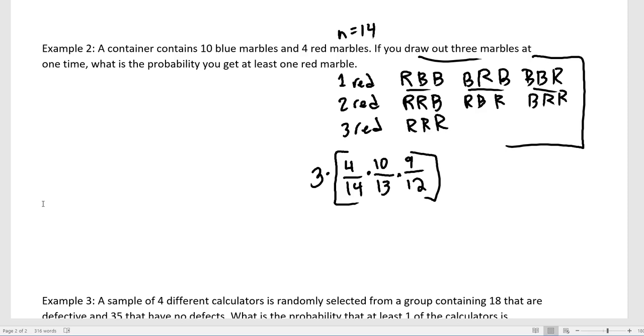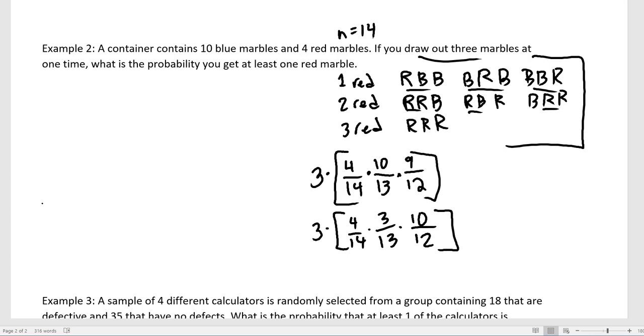What's the probability of 2 red? Well, probability of the first red would be 4 out of 14. Second red would be 3 out of. And the last one to be blue would be 10 out of. That would be the probability of either of these three things occurring. The problem is it could occur three different ways, so we'd have to multiply that by 3.